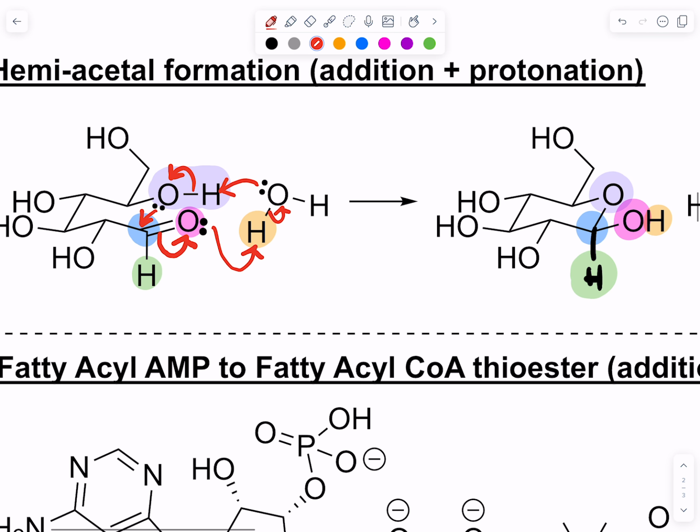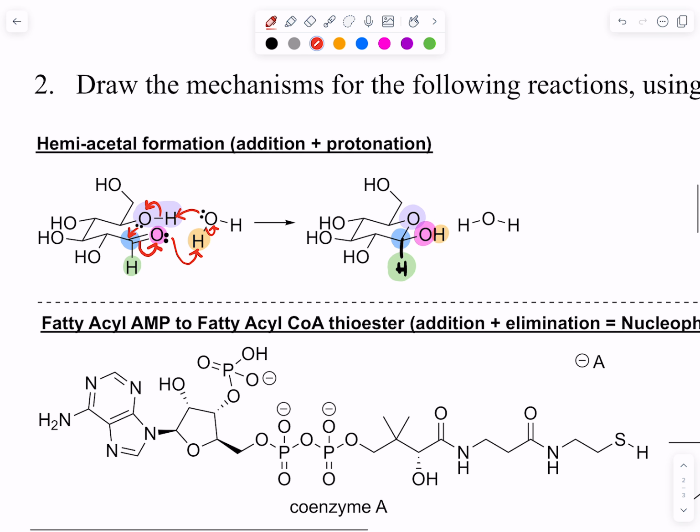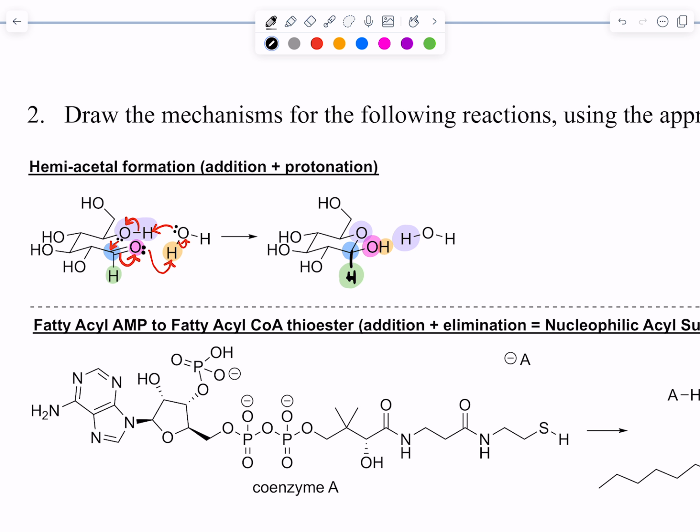Now, if you wanted to draw that out, and that will work, the purple proton, which used to be on the alcohol, is now on the oxygen. If you wanted to do this stepwise, you would first show the OR group getting deprotonated by water.